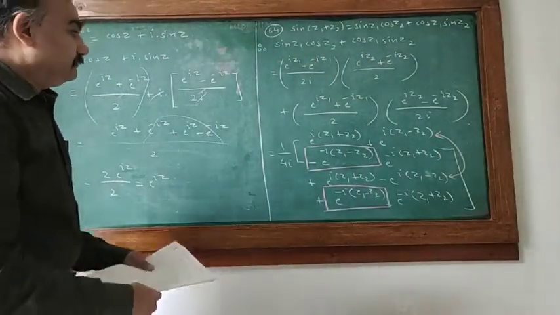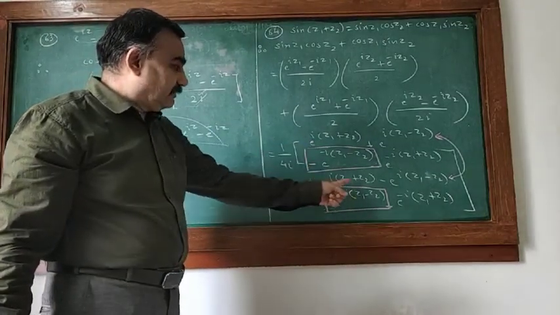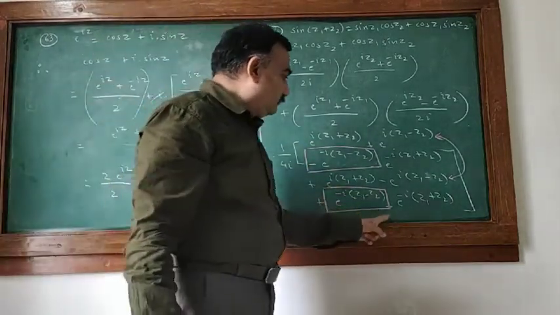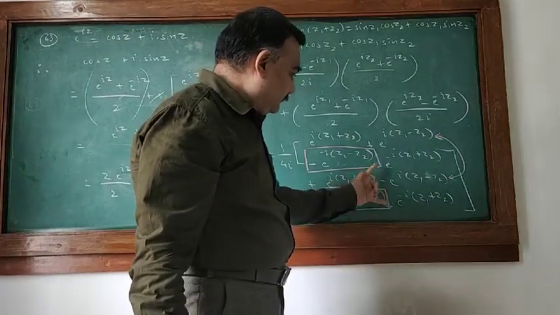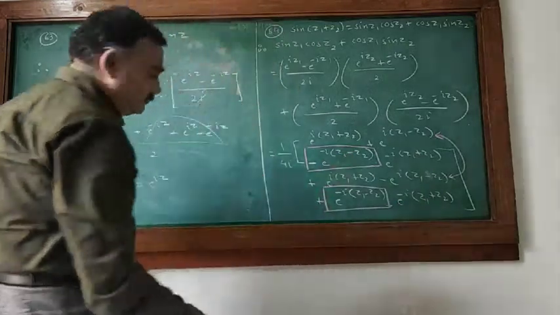Now, e raised to i(z1 plus z2) appears twice, and both of the other terms have a negative sign, minus e raised to minus i(z1 plus z2).